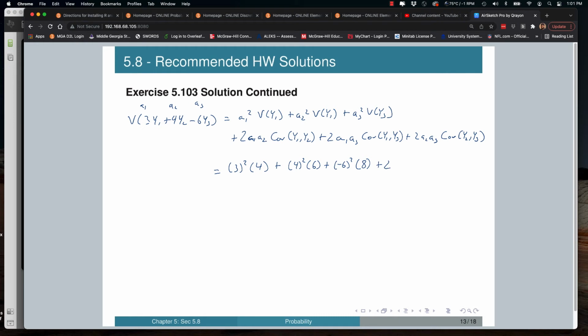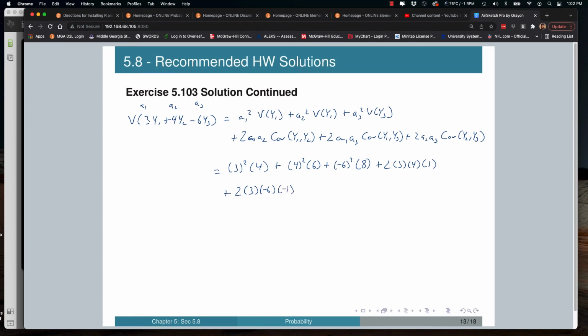Plus 2 times a sub 1, a sub 2, which is 3 and 4, times the covariance of y sub 1, y sub 2, which was equal to 1. Moving on to the a sub 1, a sub 3 combination, we get 2 times 3 and negative 6, times the covariance of y sub 1, y sub 3, which is negative 1.